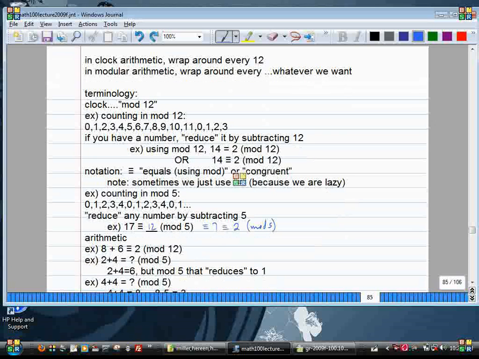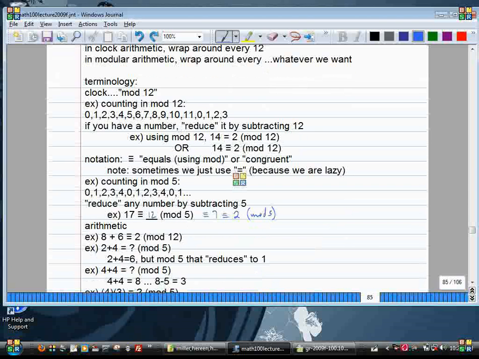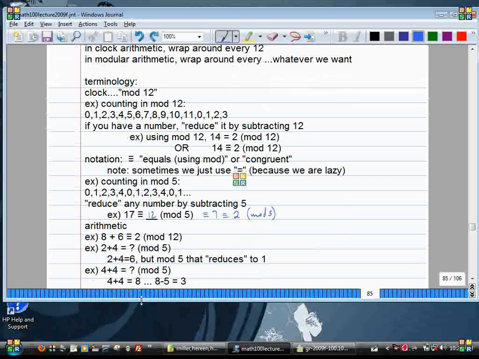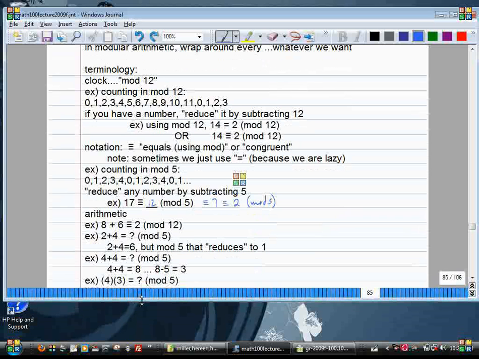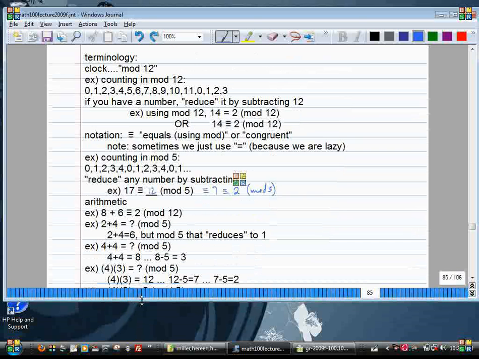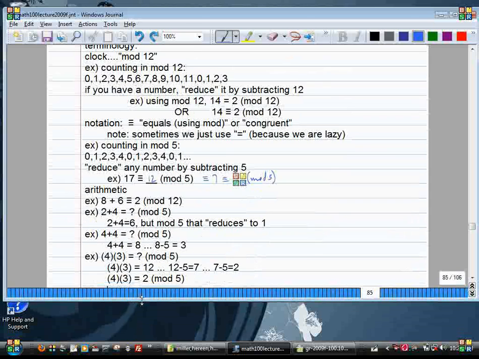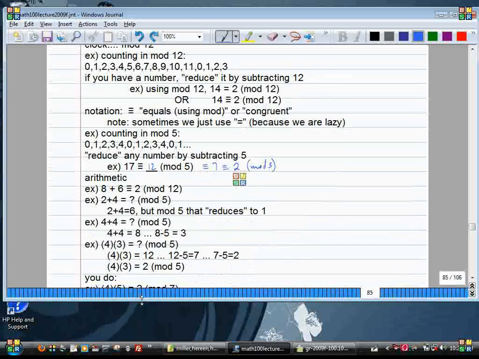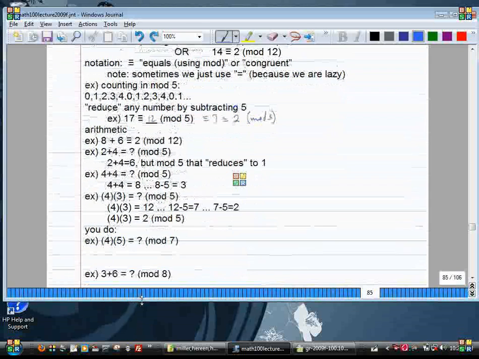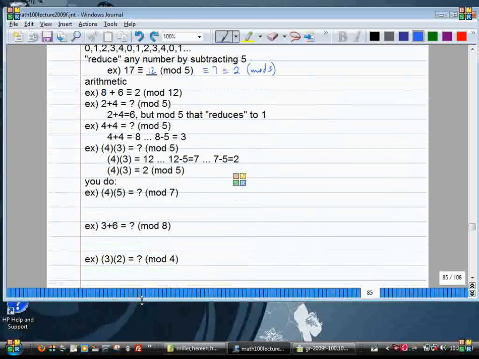What about 4 plus 4 mod 5? Okay. Now, what about 4 times 3 mod 5? Okay. So you guys knock those out.